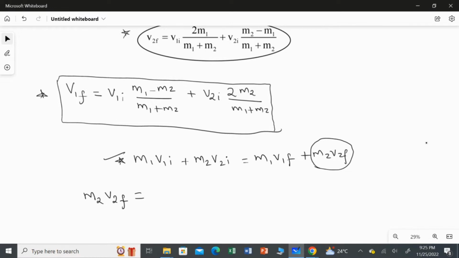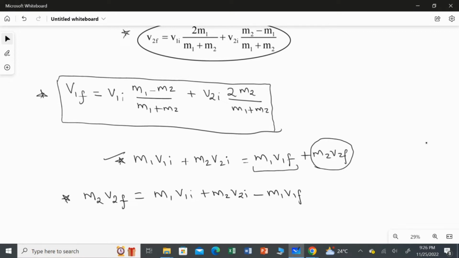So your equation will become m2 v2 final equals m1 v1 initial plus m2 v2 initial. When you move this term to the other side, it becomes negative, so minus m1 v1 final.